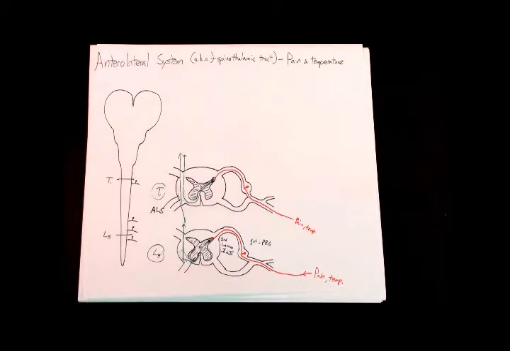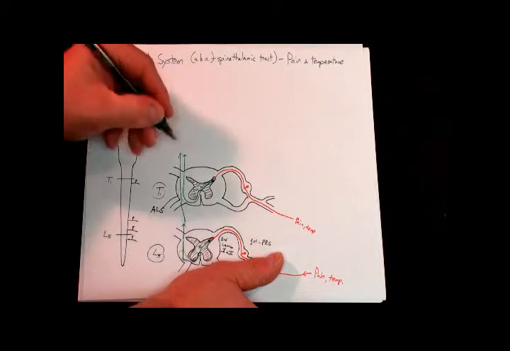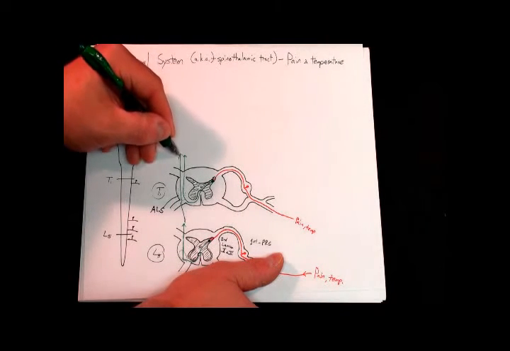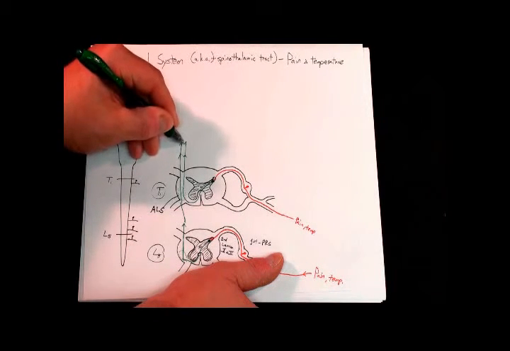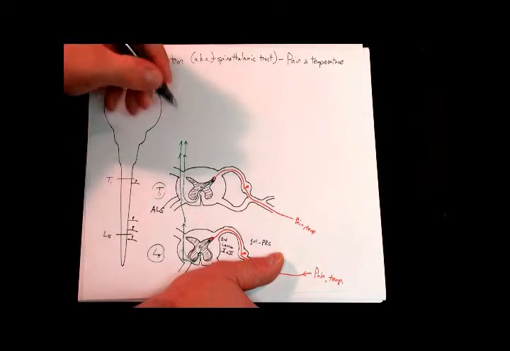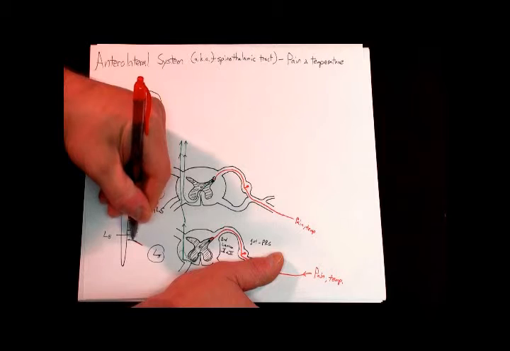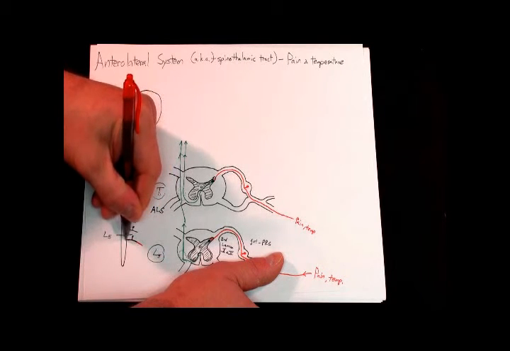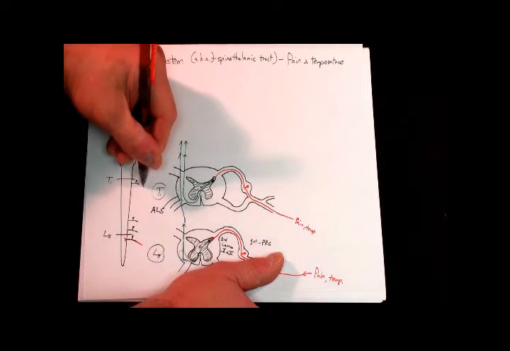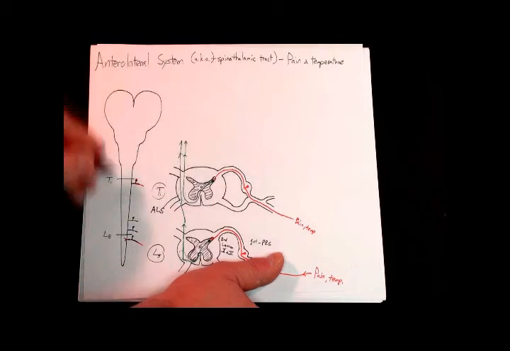the spinothalamic tract axons. So these guys do something very similar to what we've already seen before. They're going to ascend until they get all the way to the thalamus. And let's draw that in over here. We've got this sensation coming in, synapses right away, same thing's happening at T1 and all these other levels.